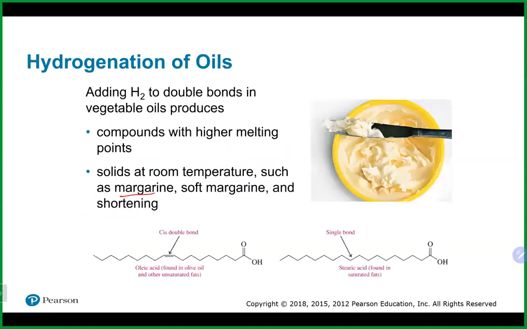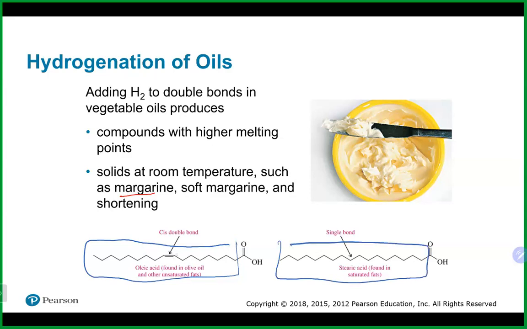All right, so as I mentioned before, that's what hydrogenation of oils are. Removing those double bonds really moves fatty acids from more of an oil, liquid sort of state to a more solid type of state. And that has to do with the long carbon chain that there is.